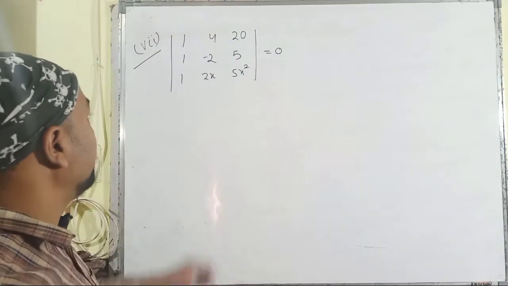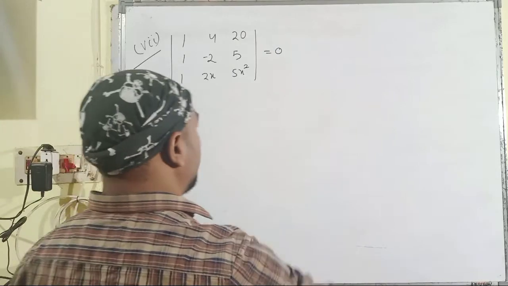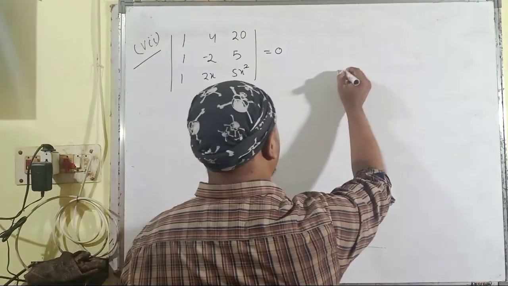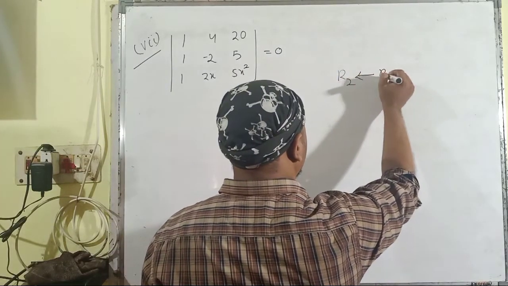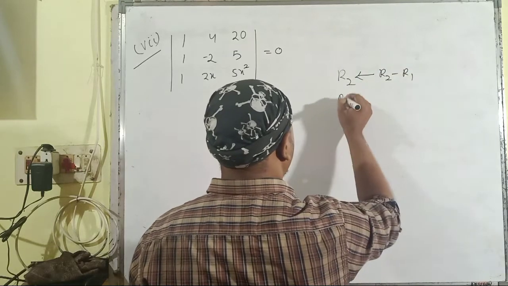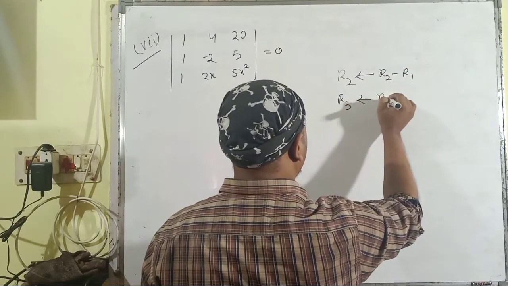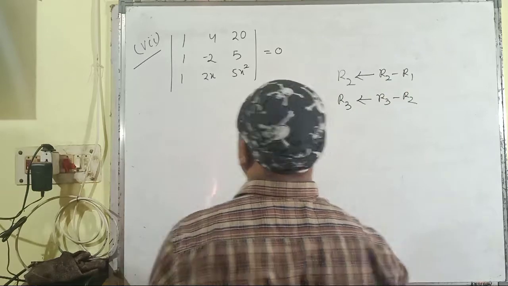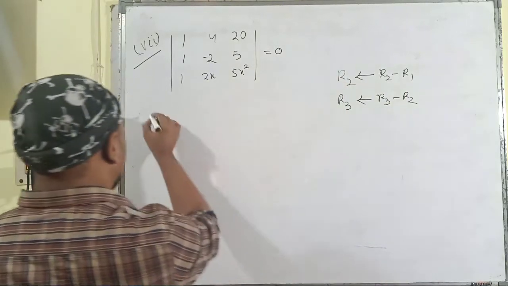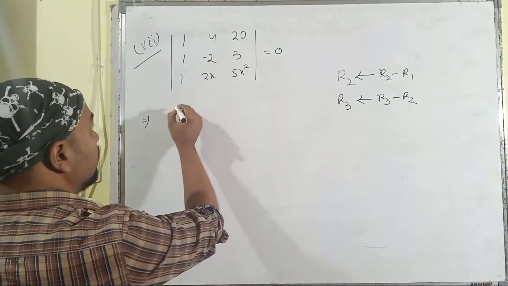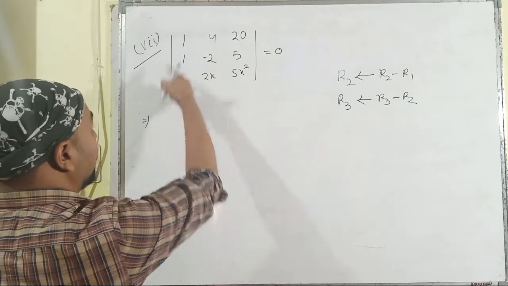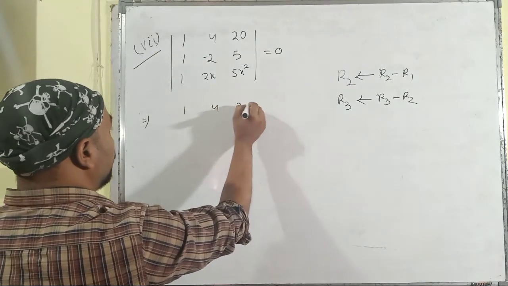This is the seventh bit of number 4. So here we have to apply row 2 is replaced by row 2 minus row 1, then row 3 is replaced by row 3 minus row 2. Applying this, we have the unchanged row here: 1, 4 and 20.